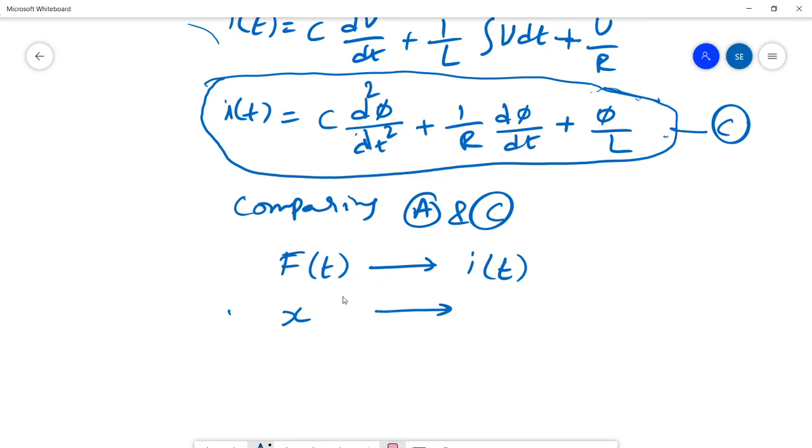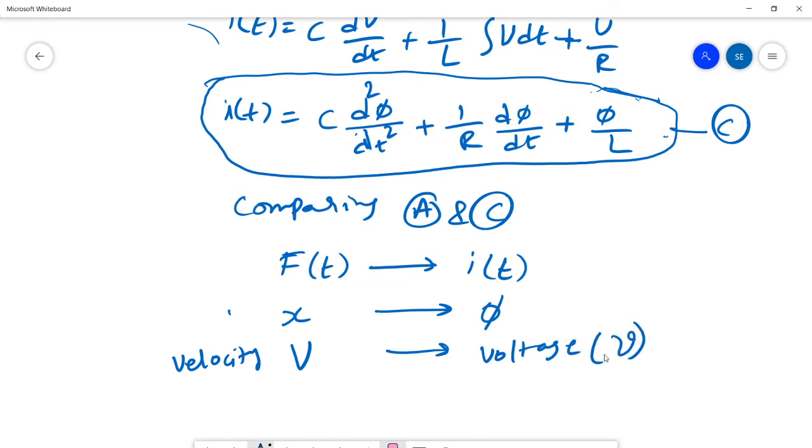I have given their terms in the first example, that is force voltage analogy. Here I am just writing their terms alone, right? Displacement x is analogous to flux phi. Then velocity v is analogous to voltage; don't confuse voltage v and velocity v.